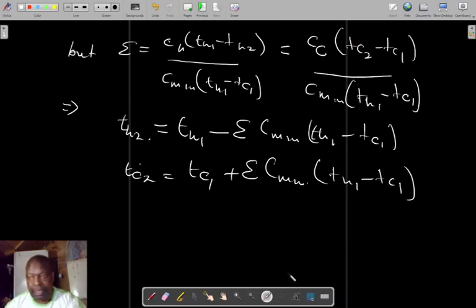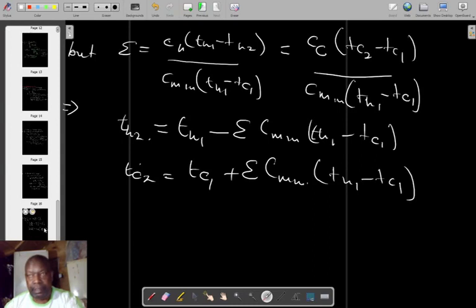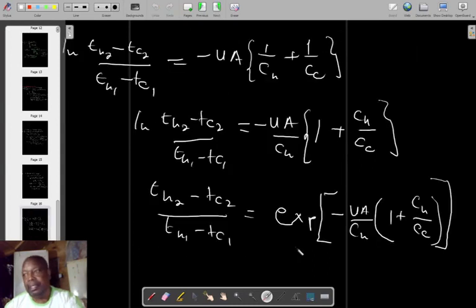And then we can substitute for TH2 and TC2 in this equation here. So we substitute for TH2 and TC2 in this expression here.